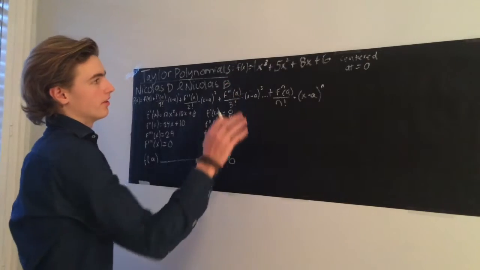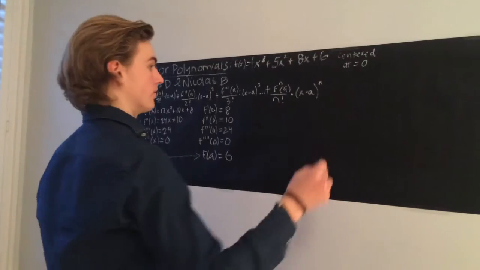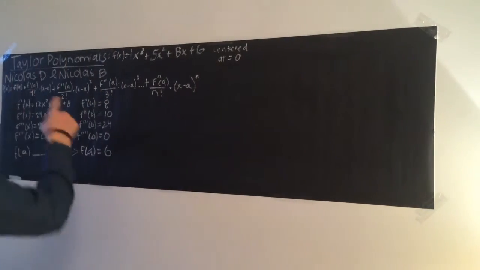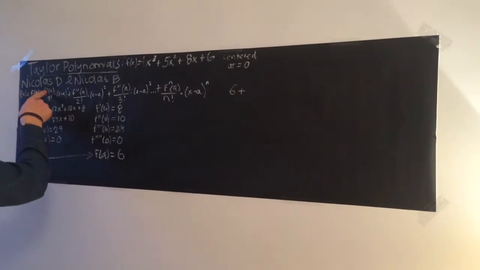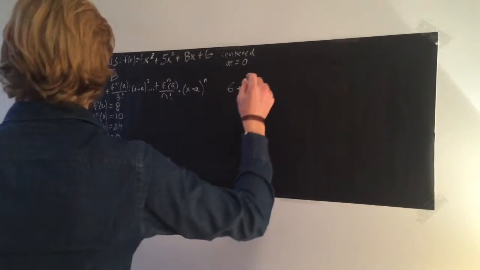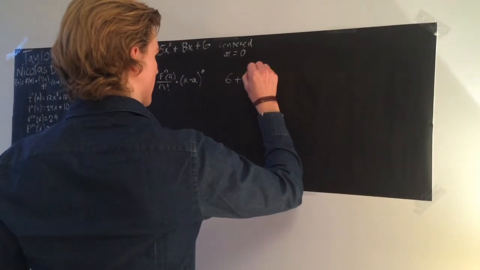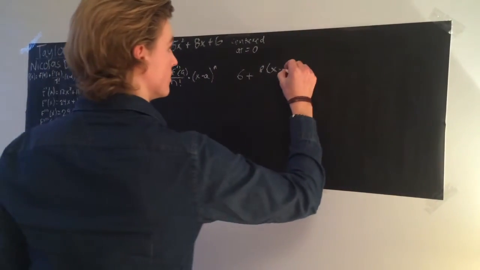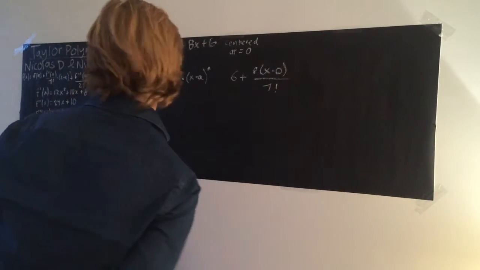Okay, so the final step to solve this third degree polynomial is to put these derivatives into this function. So it's going to be f of a, which is 6, so 6 plus f prime of a, the first derivative of a, times x minus a divided by 1 factorial. The first derivative of a is 8, so 8 times x minus a, in this case 0, so x minus 0 divided by 1 factorial.